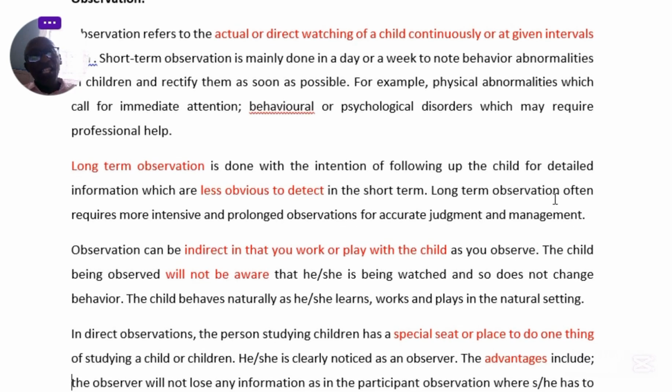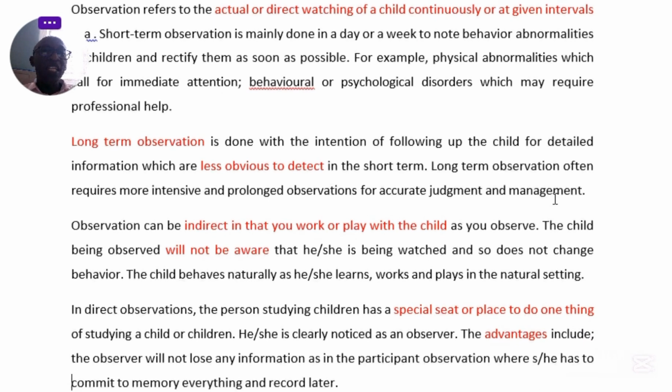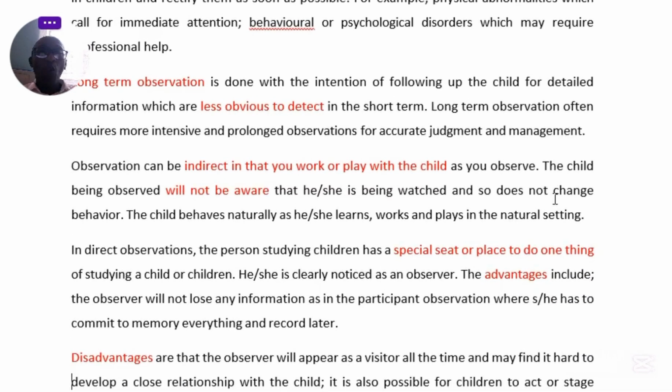So that is the difference between direct observation, having a special seat or a place to sit and watch, against the indirect one where you work or play with the child.